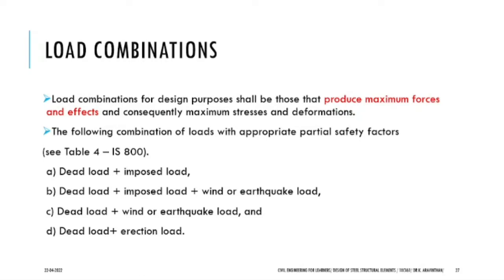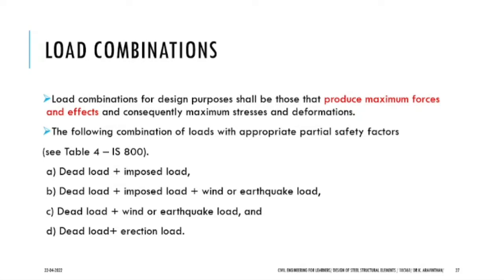Even the Indian Standard Code 1893 says that earthquake occurs not frequently. Daily you will not find any earthquake in your place. An earthquake occurs only once in a 20 to 30 year span, yes or no? So it is not a frequent event.